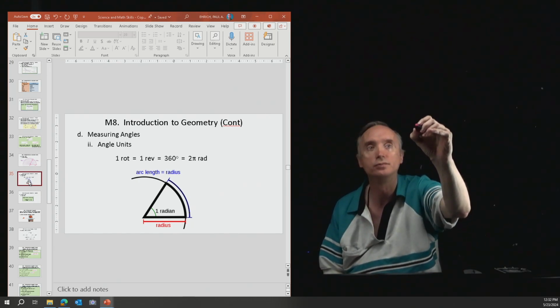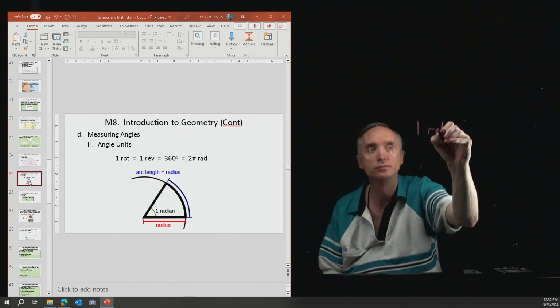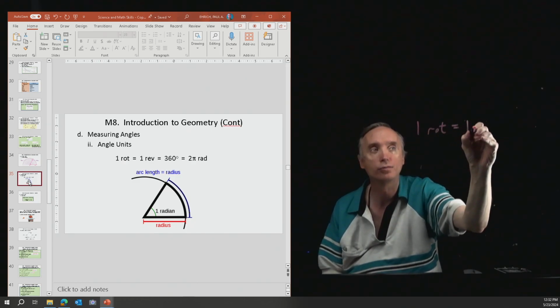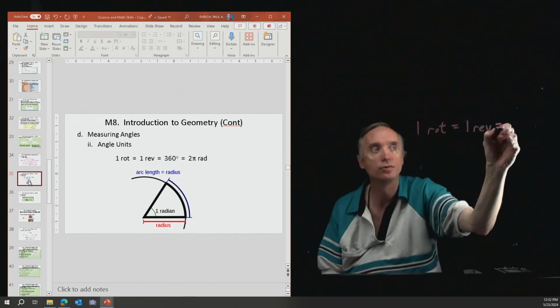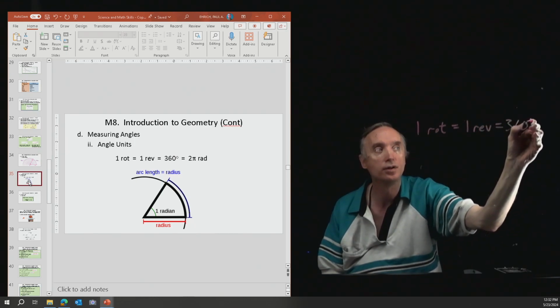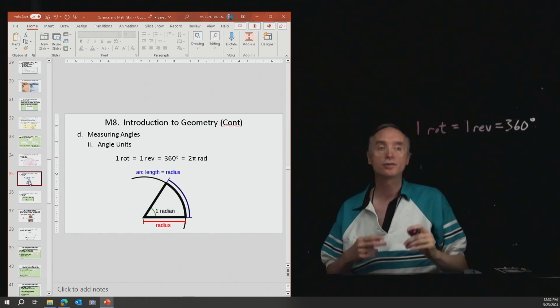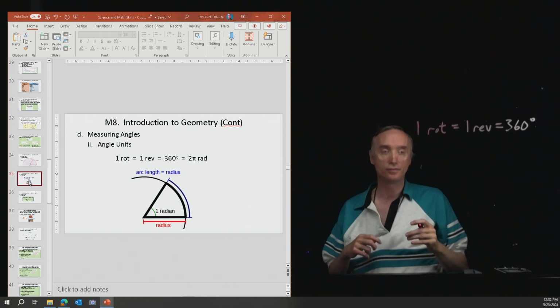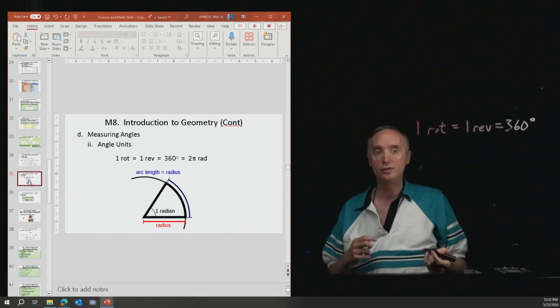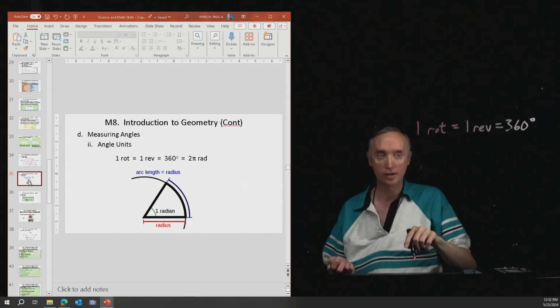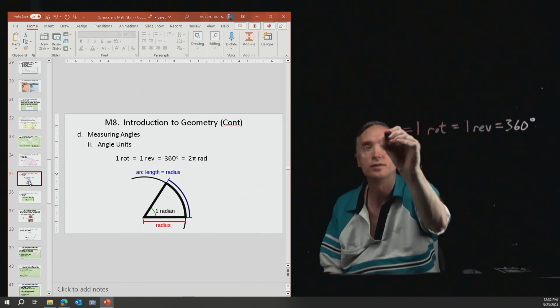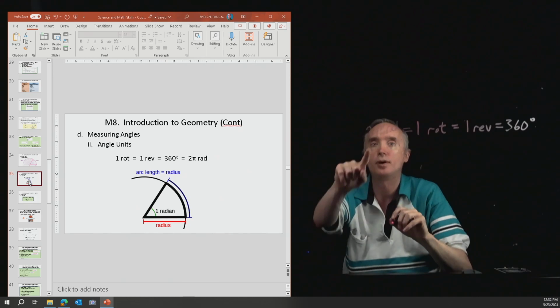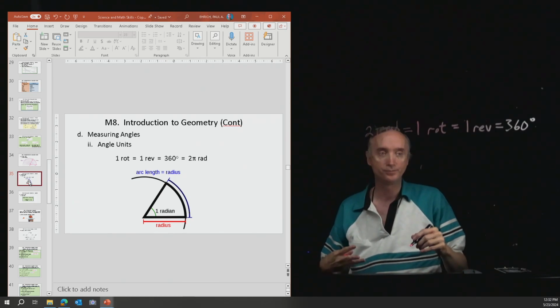So one circle, one rotation, or one revolution is equal to 360 degrees. But it turns out that there is another unit that we tend to use in physics in our formulas for rotational speed and rotational acceleration and so forth, and that's called the radian. One rotation is going to be 2 pi radians, and pi is 3.14.